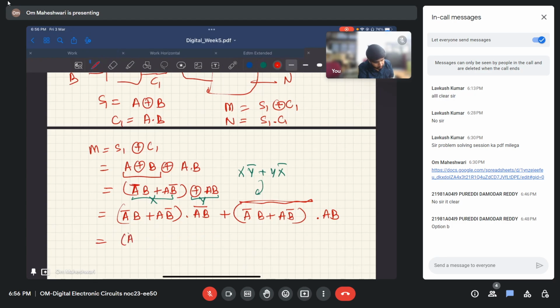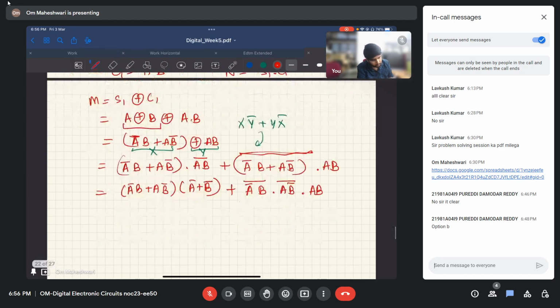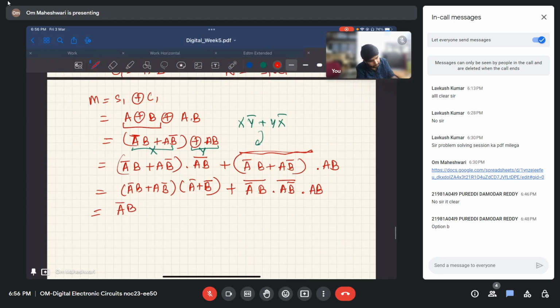A bar B plus AB bar, A bar plus B bar by applying De Morgan's here, plus A bar B whole bar dot A B bar whole bar dot A B. So if I multiply each term, multiply this and this, that is only A bar B plus, multiply this and this, that is 0.